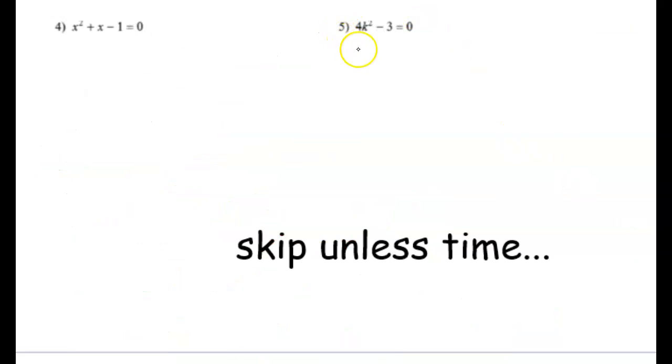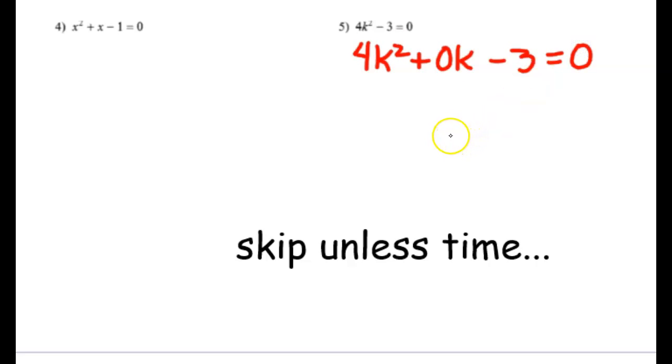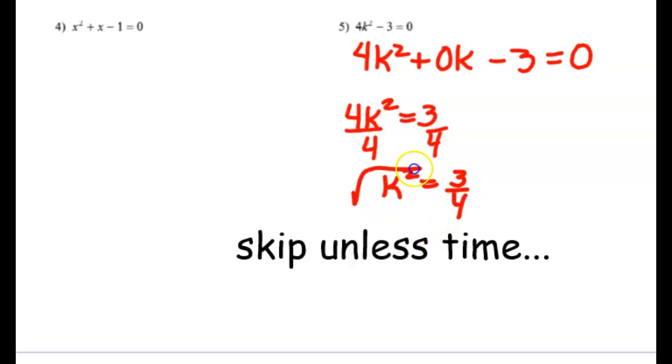This number 5, you could say it is 4k squared plus 0k minus 3 equals 0 if you wanted to do quadratic. I would have just moved the 3 over to the other side, since there's no b, divided by 4, and then square rooted both sides.